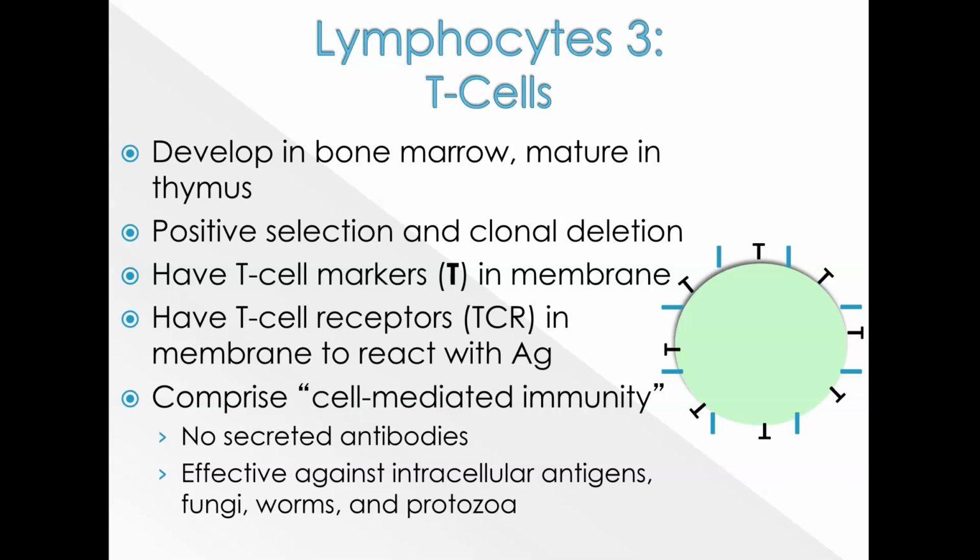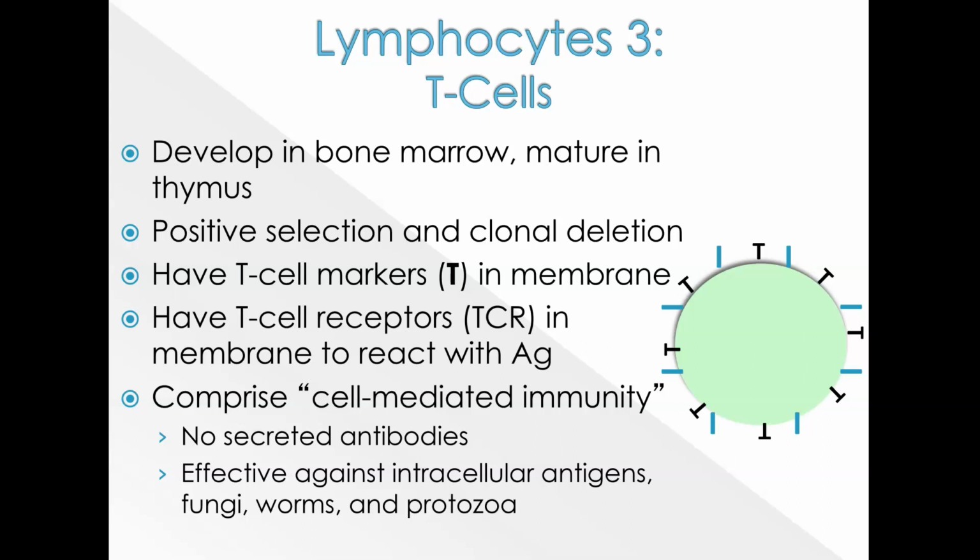If they can't recognize that, they get deleted. So they're no good. They have to pass this. We usually say that they become educated in our thymus. What that means is that our thymus is basically checking that all of our T cells work as they're supposed to. And if they don't, they get a signal telling them to undergo apoptosis, because we don't want T cells circulating in our system that don't work.